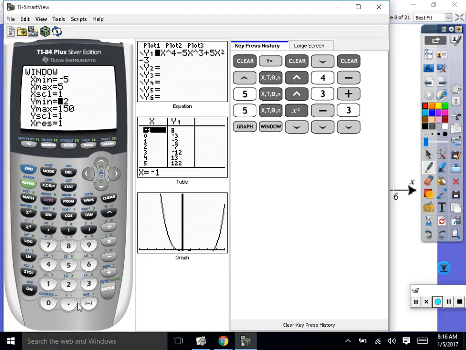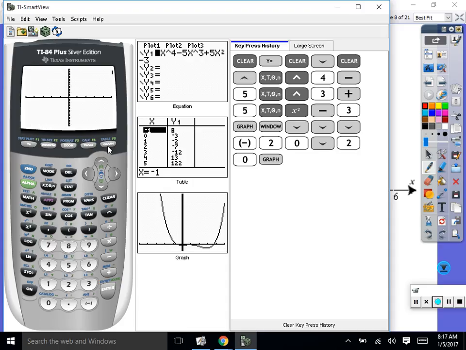So I'm going to change it to like -20. And then I don't need to go as high up as 50. I'm just going to try a few things here. I'm going to hit graph. Okay. So I can see what's going on. I can see the bounces pretty good here. Does everybody have their window in a place where they can see their bounces? You should all be doing this, not watching me do it, but doing it.